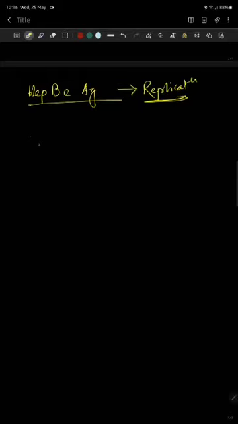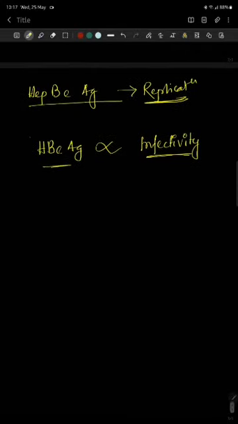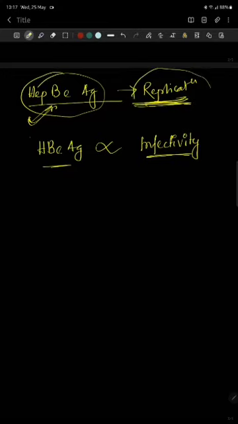So the amount of hepatitis B E antigen is proportional to infectivity. Clear? Yes. So in acute infection, hepatitis B E antigen is always present, and its significance is linked to viral replication.